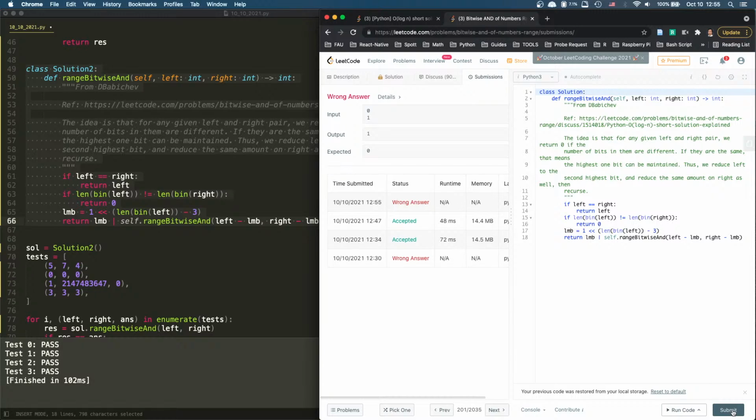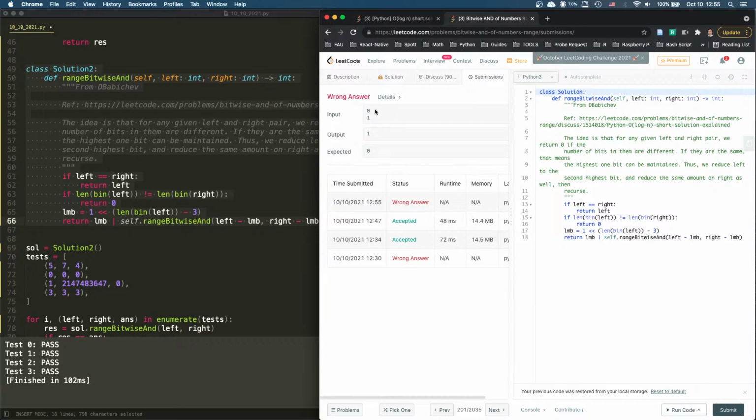Oh, that's why he added that one. Why would this fail? That's a no because they have the same length. And then one left shift.